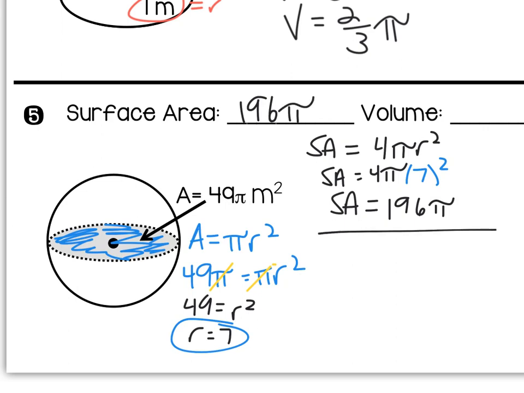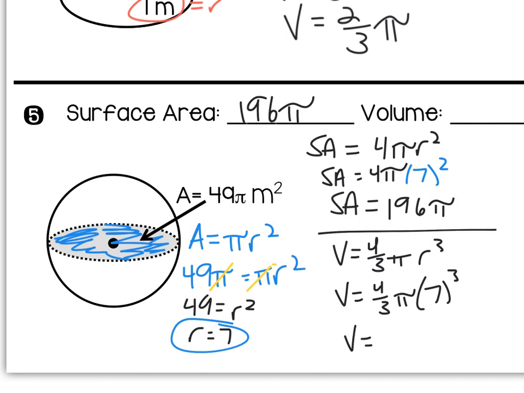It also asked me for volume. My volume formula is 4/3 pi r cubed. I now have my radius, so volume equals 4/3 pi, and my radius is 7. So my volume is 1,372 over 3 pi.